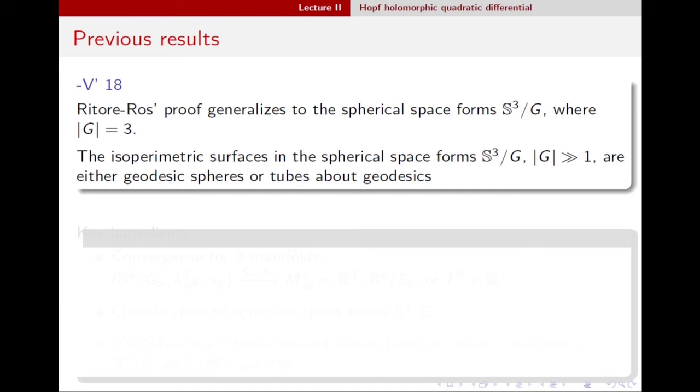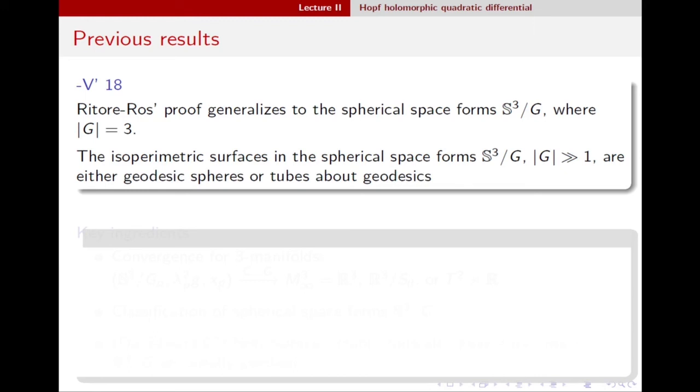And what happens to other spherical space forms, right? If you look at lens 4, lens 5, the method breaks down in that case, and so the problem there is still open. The result that we were able to prove in this setting concerns spherical space forms with large fundamental group.